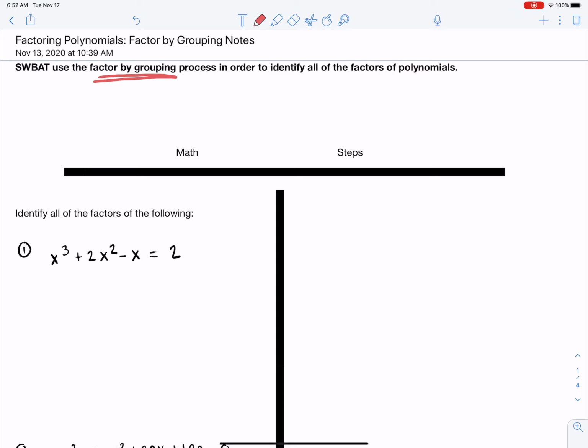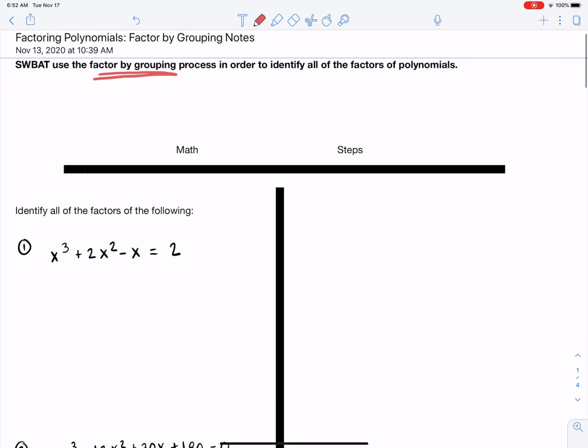Question number 1 says, identify all the factors of the following. If I have x cubed plus 2x squared minus x equals 2. Unless you are completing the square, you always have to get all of your terms on one side of the equal sign. So it either needs to equal y or it needs to equal 0.